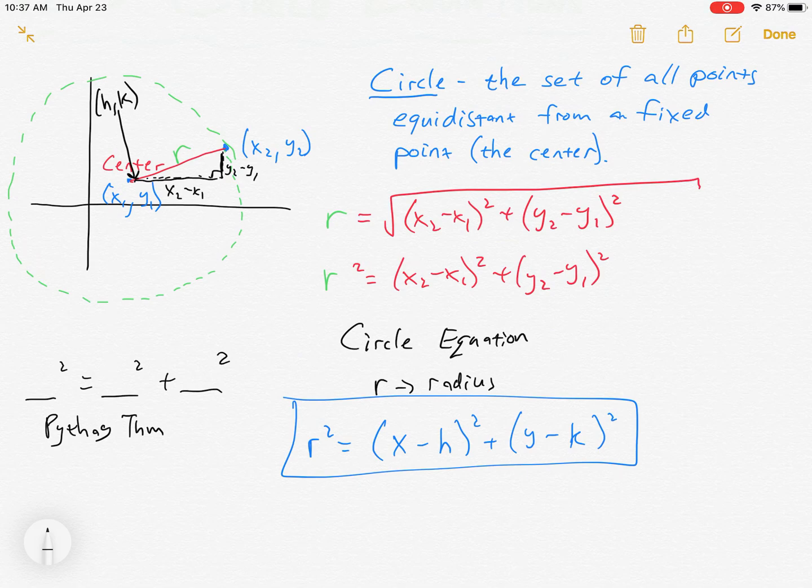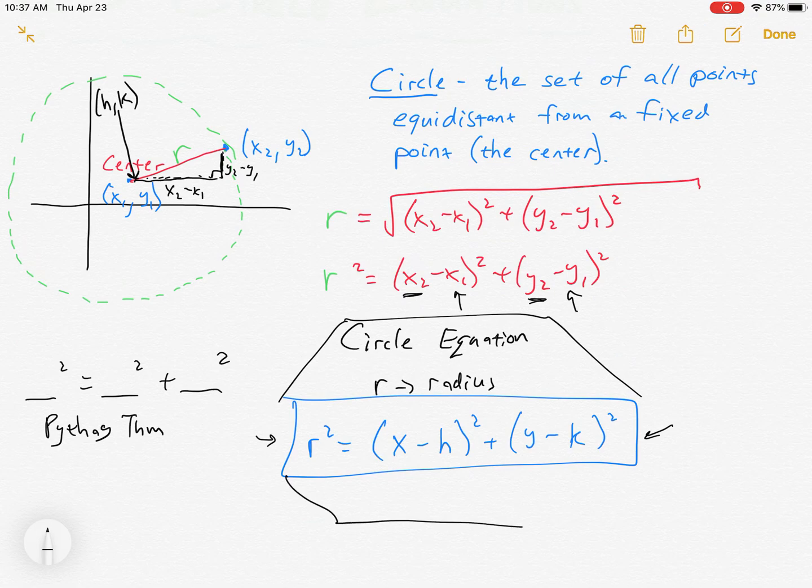And you're going to see this h, k a bunch as you get into Algebra 2 and college algebra and beyond. It's the center of circles, of ellipses, of hyperbolas. It's the vertex of parabolas. So you're going to see h, k a great deal. So again, what I did is I generalized these as x and y, and I picked a particular point being the center for x1, y1.